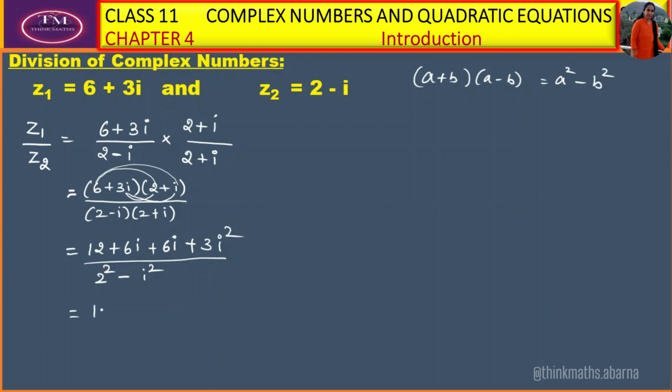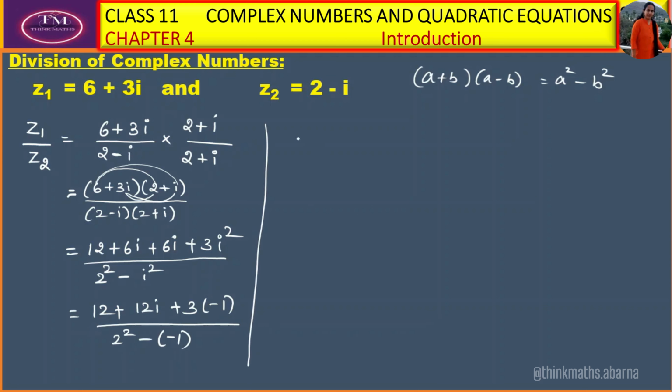So now we have 12 plus 6i plus 6i is 12i, plus 3 into i square. What is i square? i square is minus 1. Divided by 2 square minus i square, which is minus 1. So it is 12 plus 12i plus 3 into minus 1 is minus 3, divided by 2 square is 4, minus into minus is plus, so plus 1.